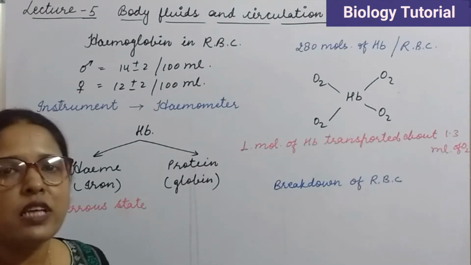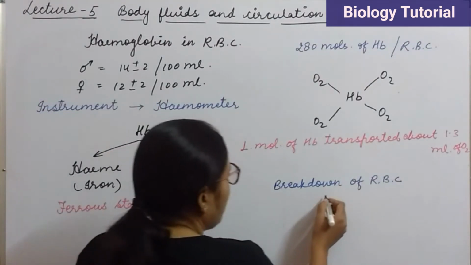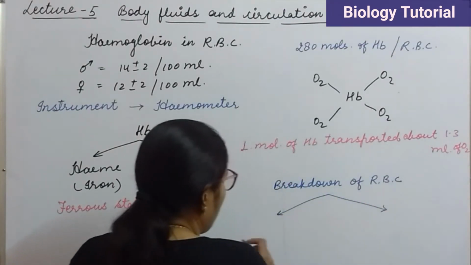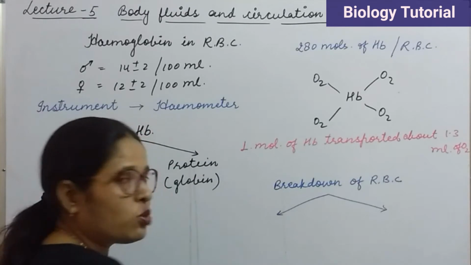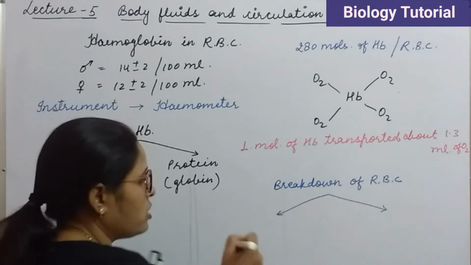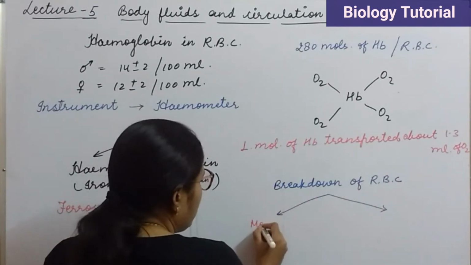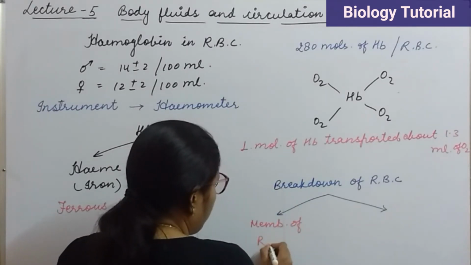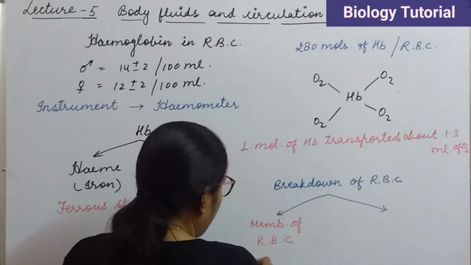There are no cell organelles. So after breakdown the RBC is divided into two parts. The first one is the membrane of RBC, and this membrane gets reused.